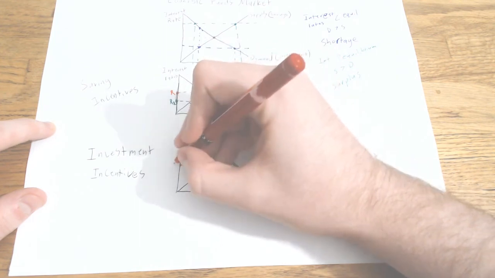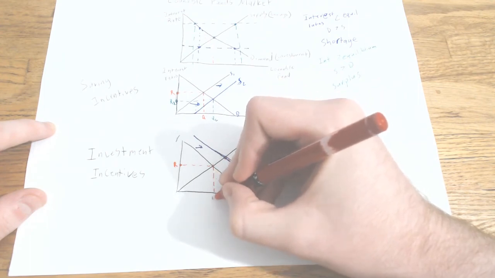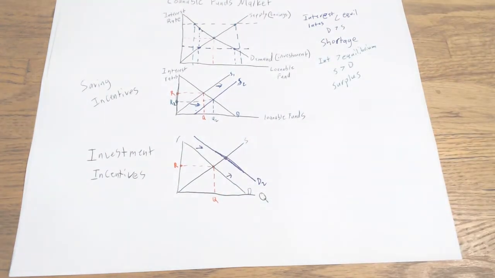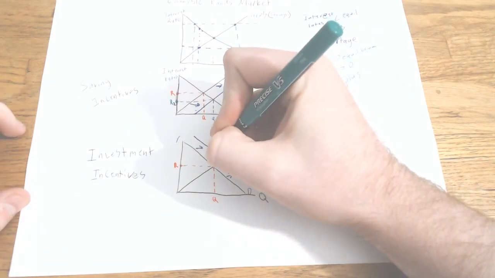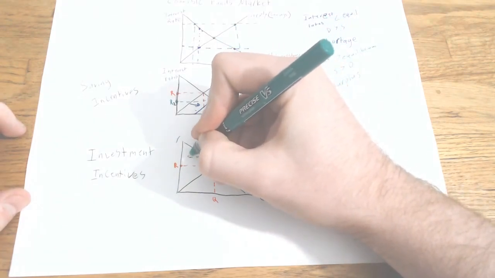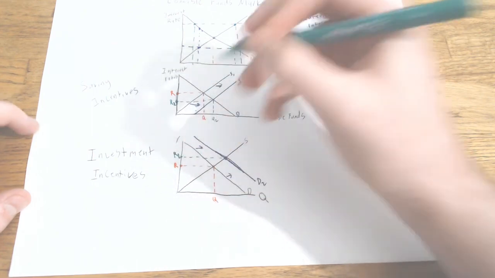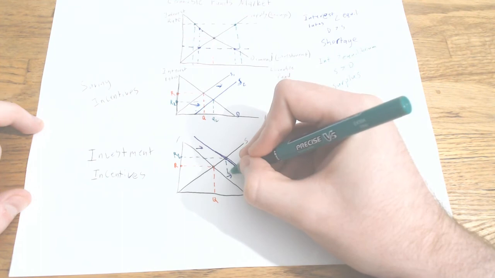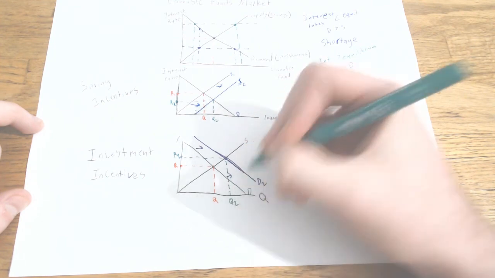So this is our R1 or our R, and this is our quantity. This will be our R2. This is going to be our Q2.